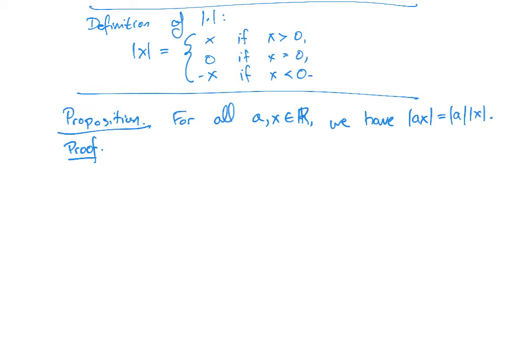We can make it a little bit easier by saying that if either of them is 0, then we're done. If either A equals 0 or X equals 0, then AX equals 0, and one of the things on the right-hand side is 0.